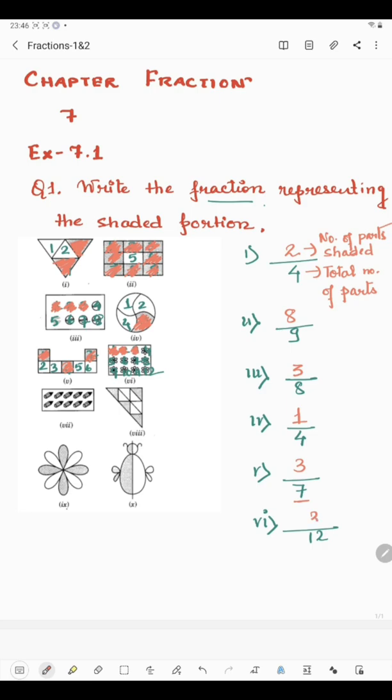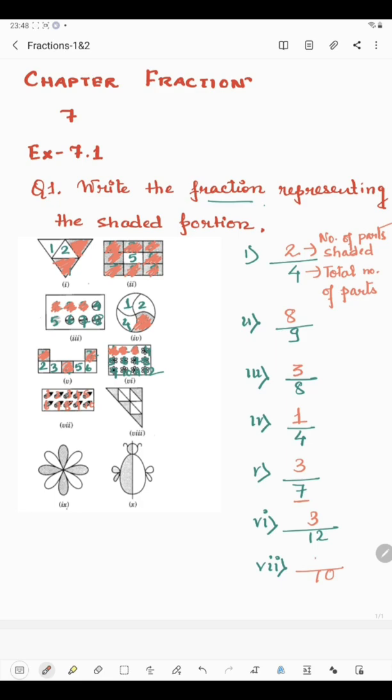So it's 3 by 12. Now in the seventh part we have 1, 2, 3, 4, 5, 6, 7, 8, 9, 10. So total we have 10 pencils, and all 10 are shaded. So the fraction will become 10 by 10.